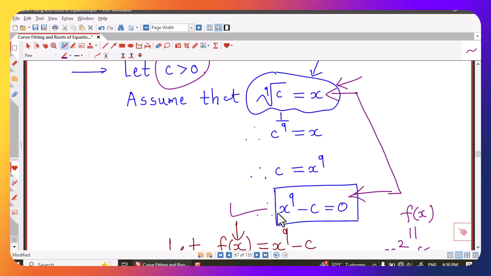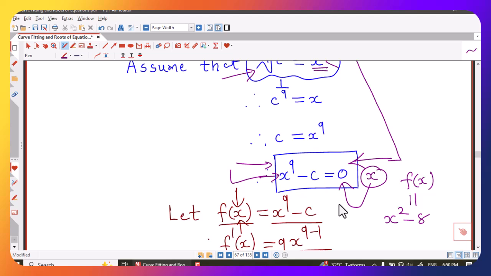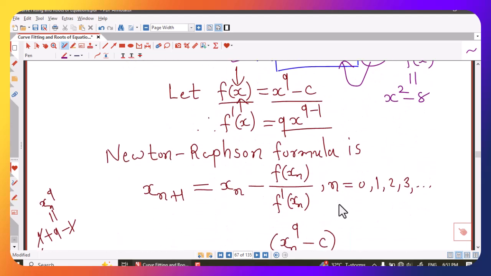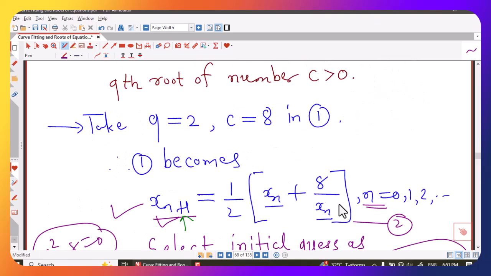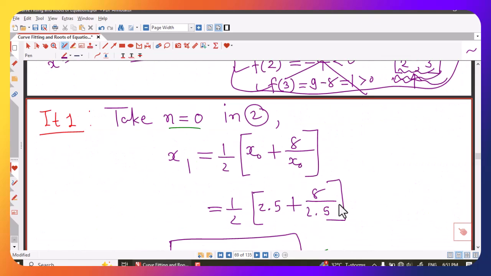So that means if we can solve this equation, or if we can find out value of x which satisfies this equation, then that value of x is nothing but qth root of c. So first we develop this equation x raised to q minus c equal to 0 by assuming that qth root of c is x, and then we solve this equation by Newton-Raphson formula, and we find our answer correct up to 2 decimal places because it is specified in the question.